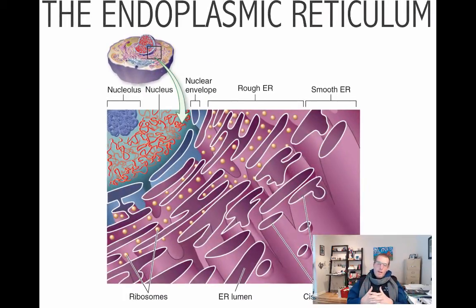Let's now kind of start getting into the endomembrane system. So we already saw that the nuclear envelope is part of the endomembrane system. Now the nuclear envelope is continuous with the endoplasmic reticulum. And you can see that over here on the left side of the diagram. So this is the nuclear envelope in blue. The nuclear matrix is inside the nucleus. So the blue is the nuclear envelope there.